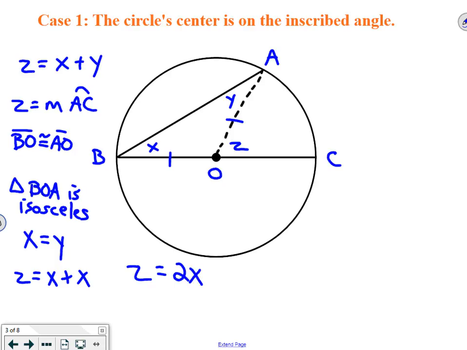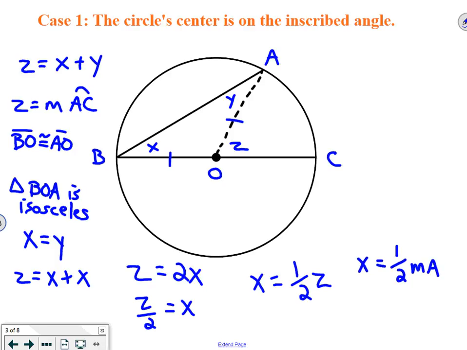And then divide both sides by 2, and we get z over 2 equals x, or in a sense, x equals half of z. And since z equals the measure of arc AC, we'd end up with x equaling half the measure of arc AC. We just built our proof right there.